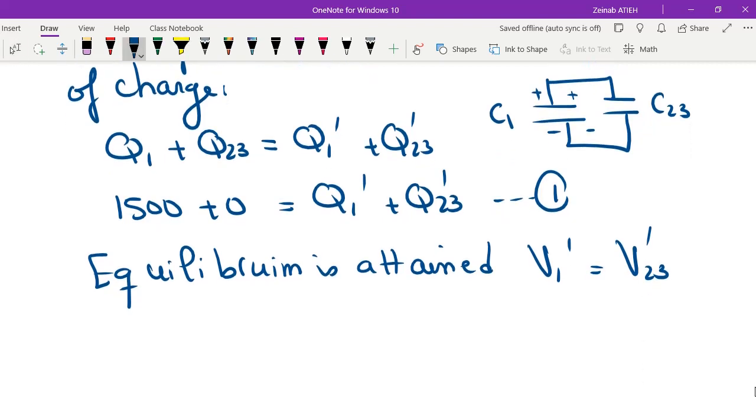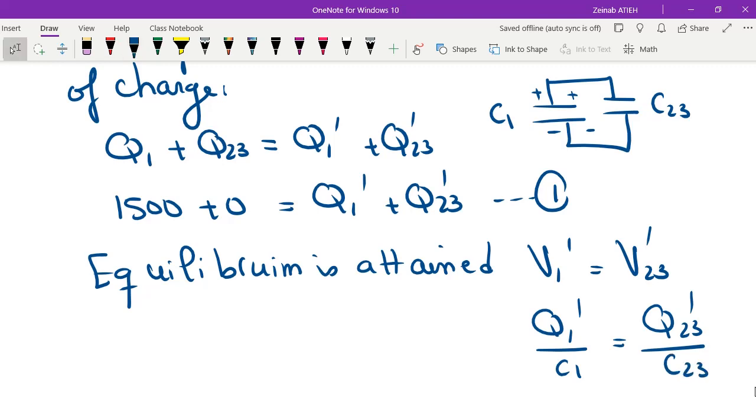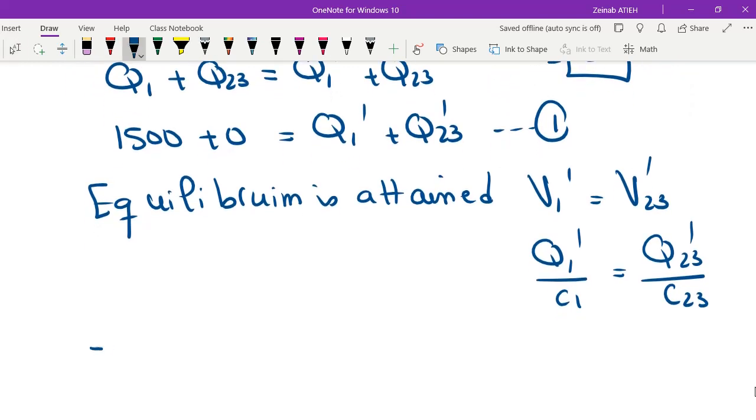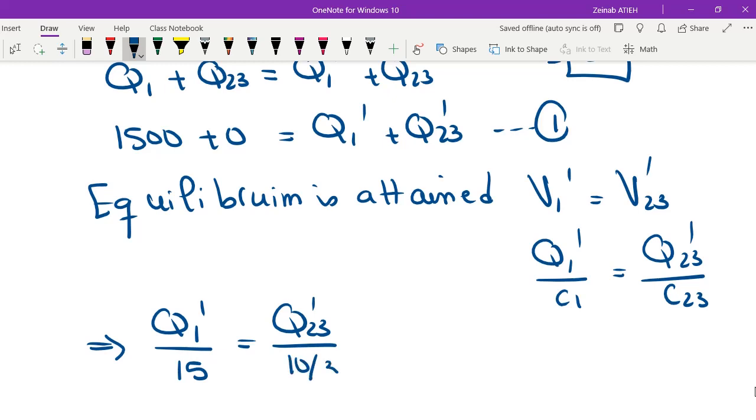Okay, so Q1 prime over C1 equals Q23 prime over C23. C1 was 15 picofarad, so it's 15. Q23 prime, C23 I found, it was 10 over 3, so 10 over 3.